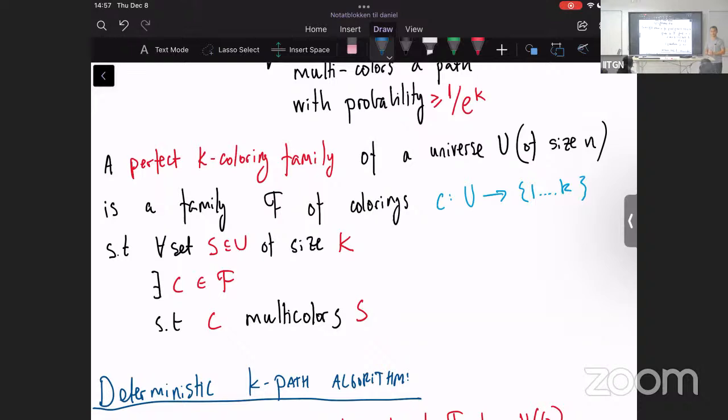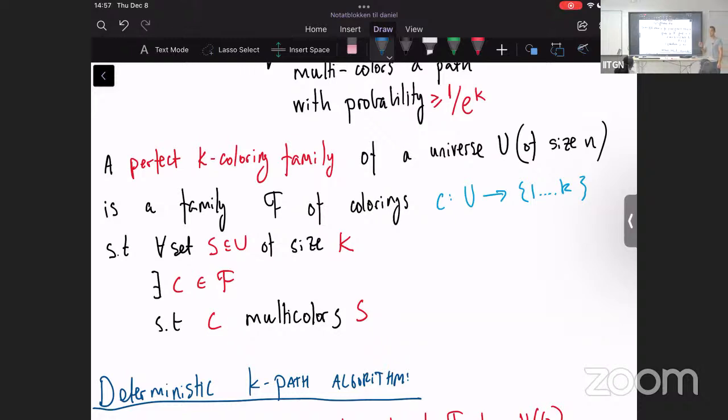Each element of F is a coloring of the vertex set with k colors, such that every set of size k in my universe is multicolored by at least one coloring in the family.